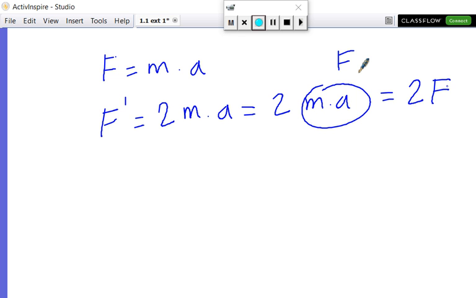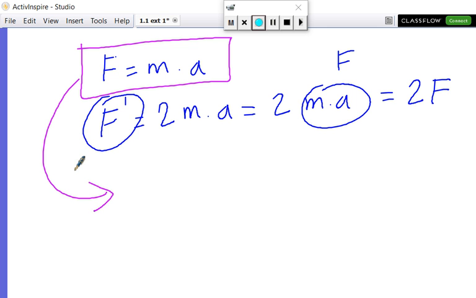So doubling the mass doubles the force, since the new force is equal to 2 times the original force. One can then ask, going back to the original, what if one doubles the mass and quarters the acceleration?